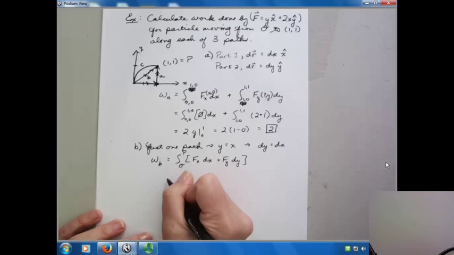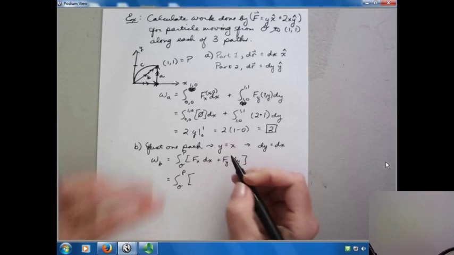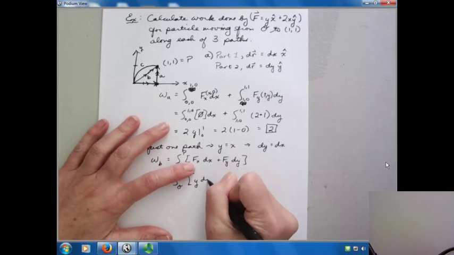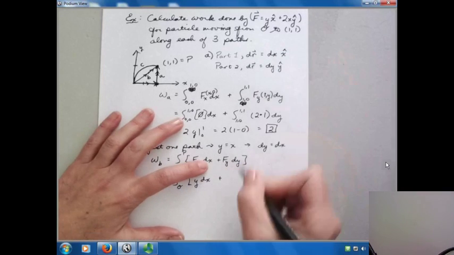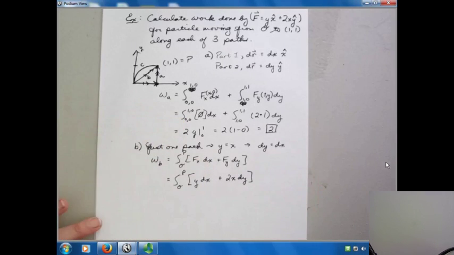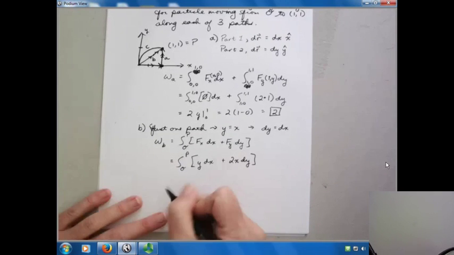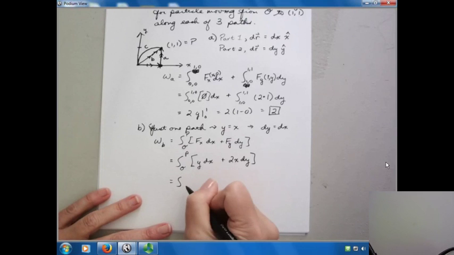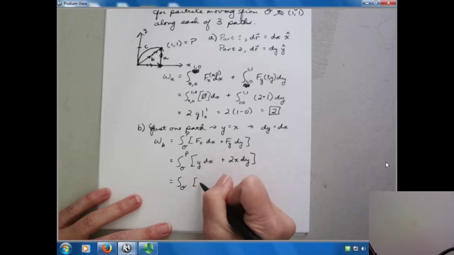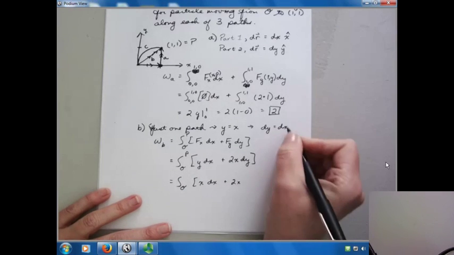All right, so let's go ahead and substitute in some things. f_x is y dx, plus f_y is 2x dy. And noting this relationship between the two variables, I can turn this into a one variable integral. So wherever I see a y, I'm going to substitute x. So I'll get x dx plus 2x, and wherever I see a dy, I can make the substitution dx.